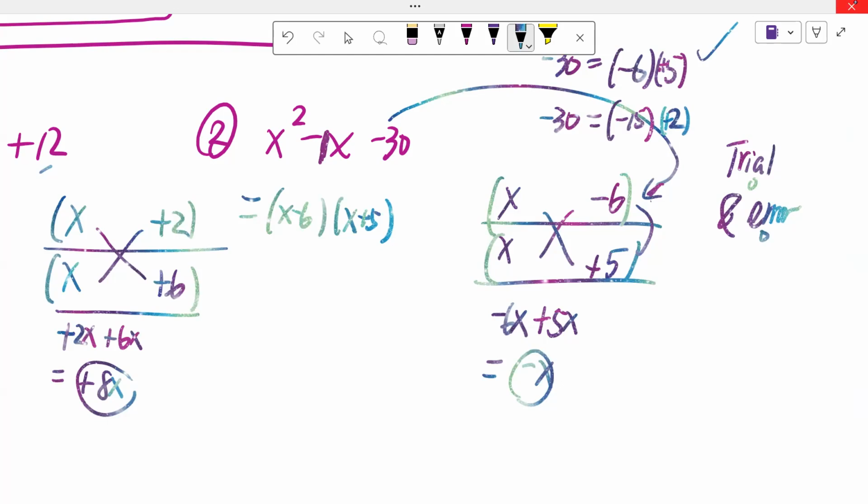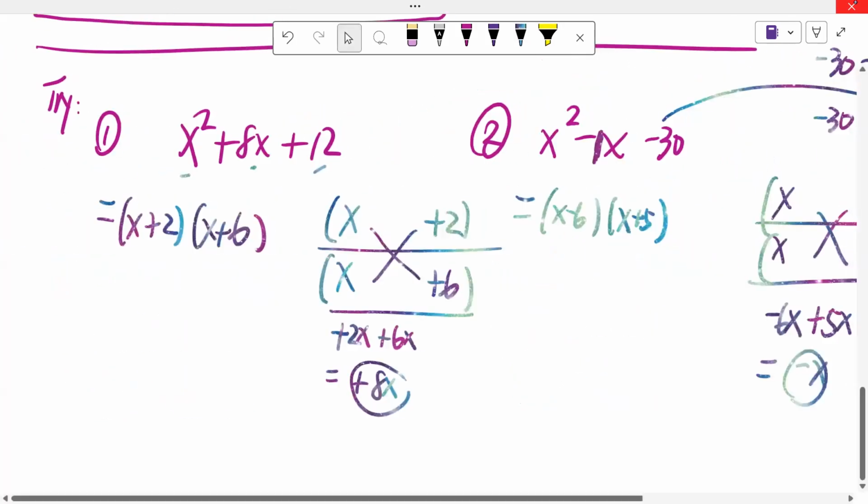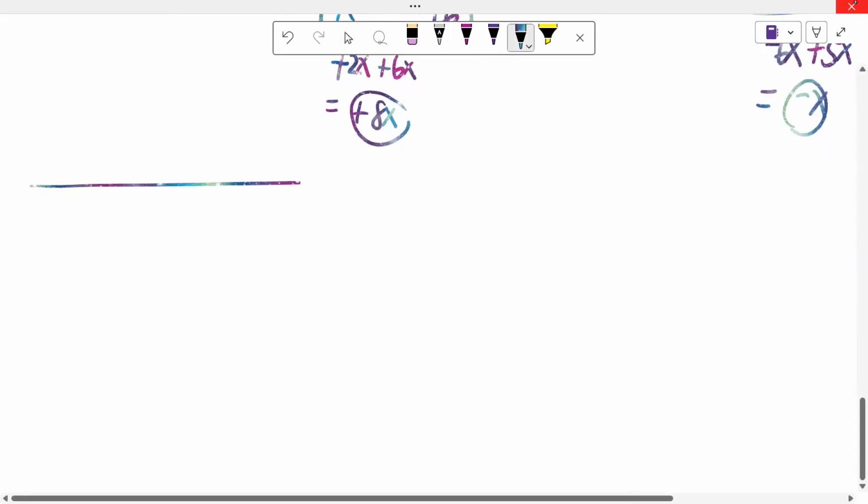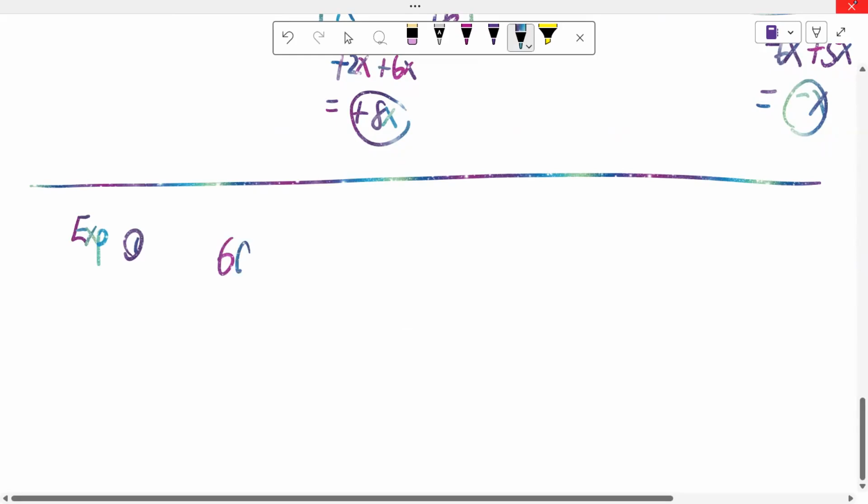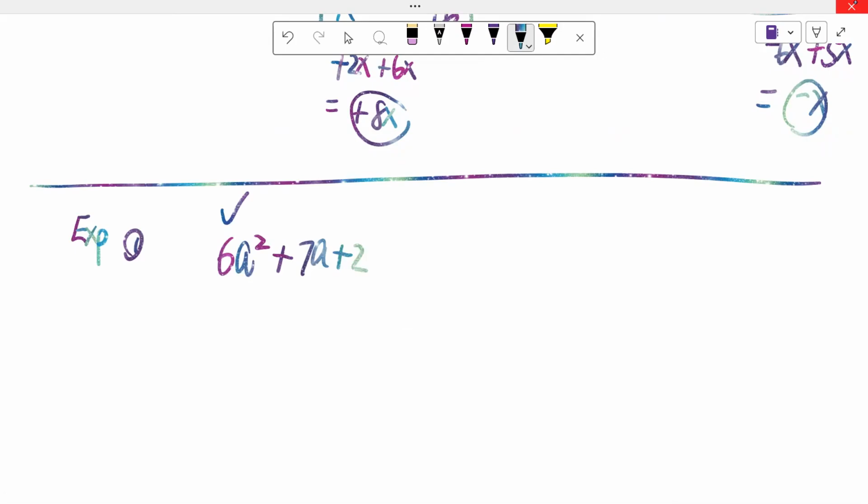All right, now let's take a look at a little bit more sophisticated ones. Let's scroll down a little bit. Let's say the leading coefficient is not 1, that will make it slightly more complicated. For example, if you want to factor 6a squared plus 7a plus 2, as you can see, its leading coefficient is not 1 anymore, it's 6 in this case.